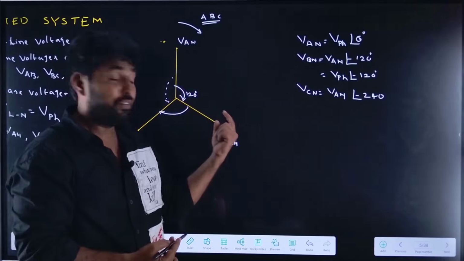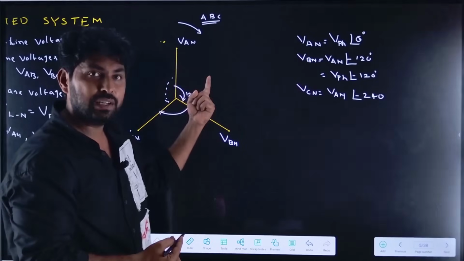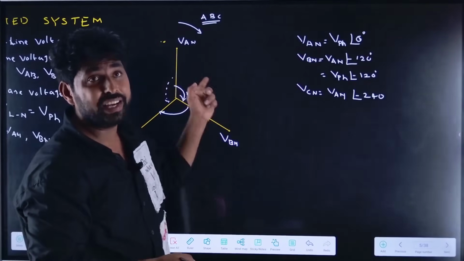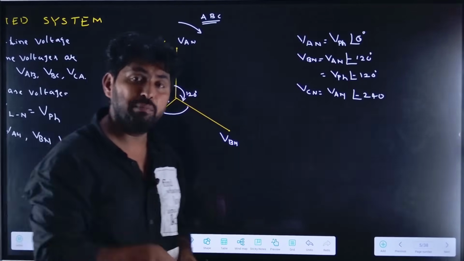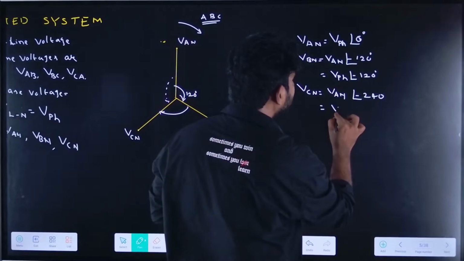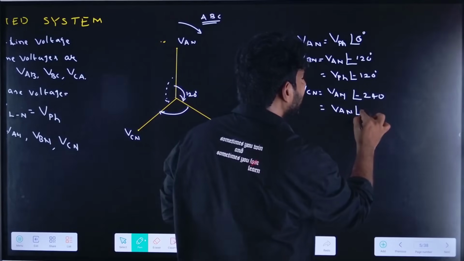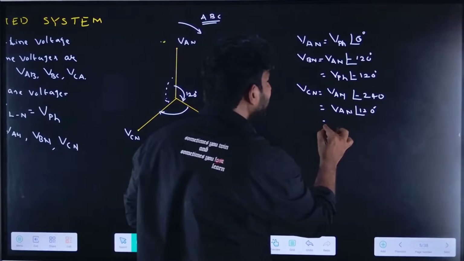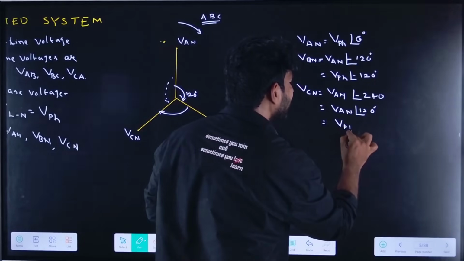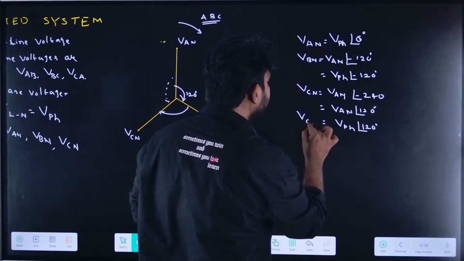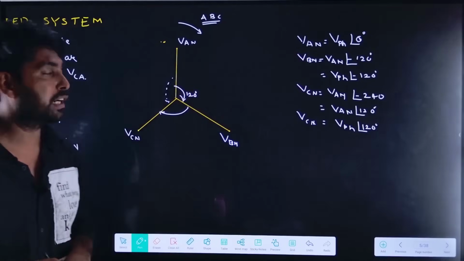That means VCN leads VAN by 120 degrees, or lags VAN by 240 degrees. Both are the same. So VCN is V phase at an angle 120 degrees. Like this, the three phases are represented.